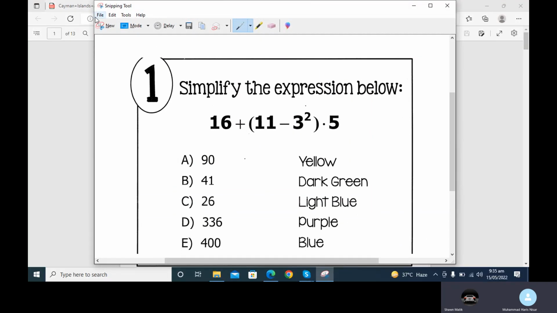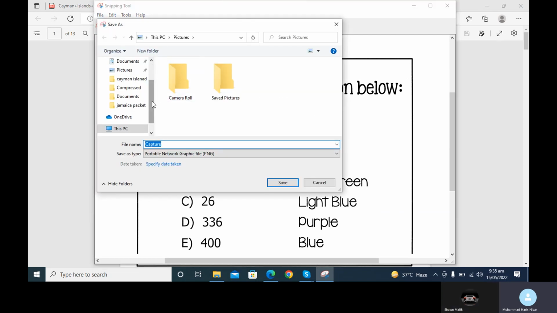Yes, this is summer coloring, page number one, obviously. Question number one.